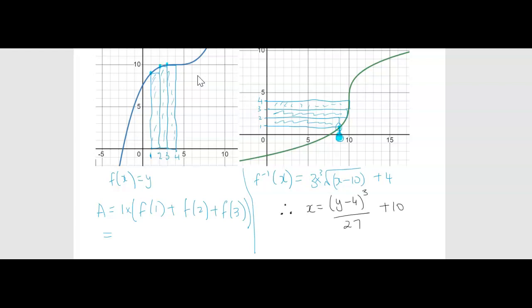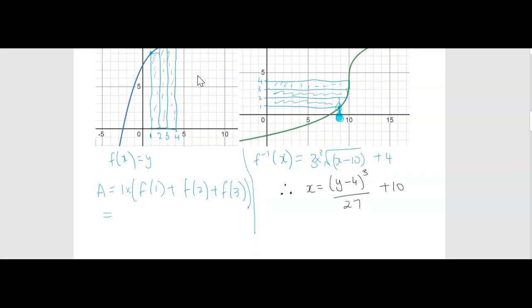So before I said x is equal to f of x, but instead of having x, you're switching x and y, if that makes sense, because we're doing the inverse. All right, so this first point here that I've highlighted in blue is going to be the same as f of 1, because I'm substituting 1 into this.